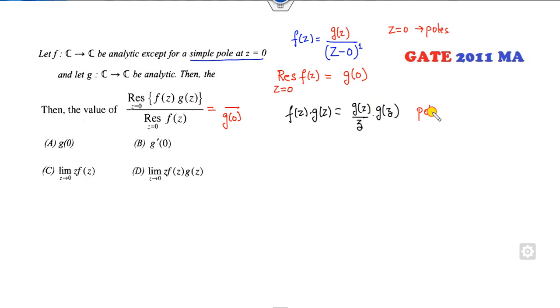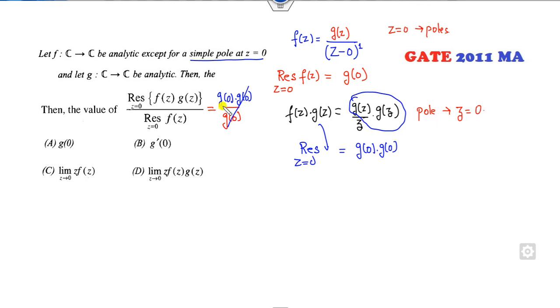So what is my pole? Pole is again z is equal to 0. So how can you find the residue of this function at z is equal to 0? I can substitute this value here. So it is g of 0, g of 0, so this value will be cancelled out. G of 0 is the right answer of this problem.